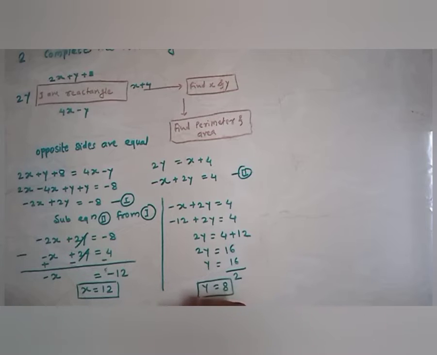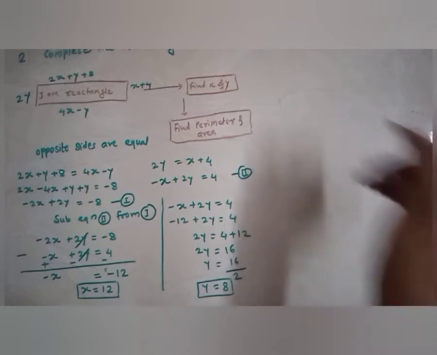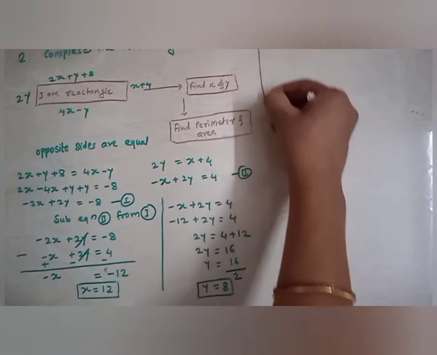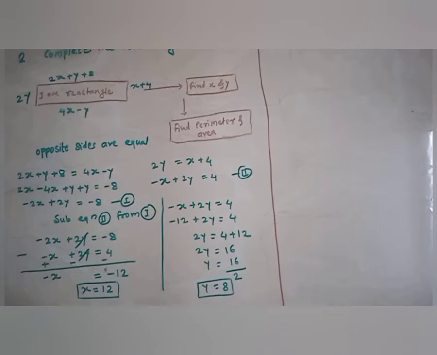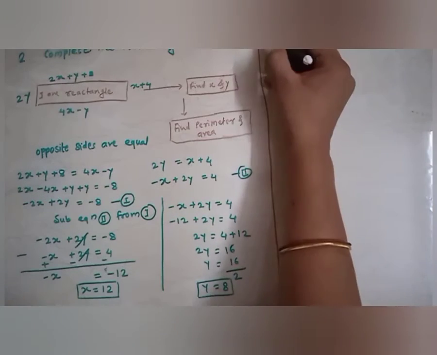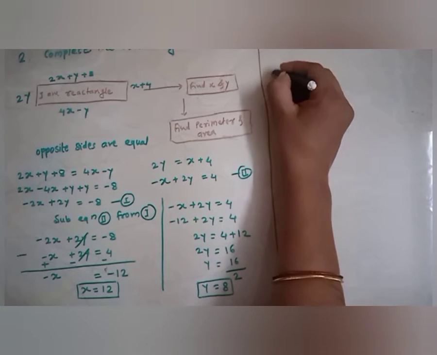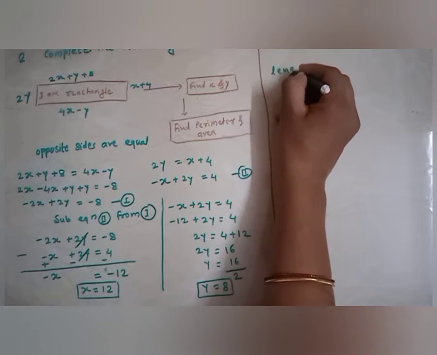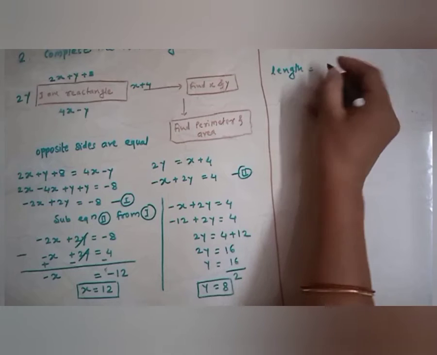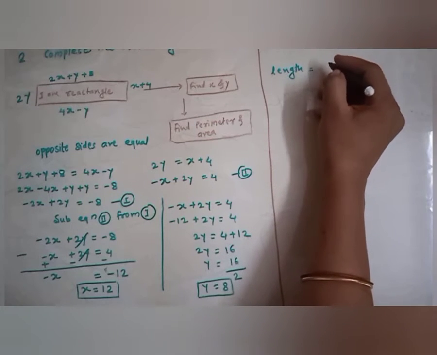Then we get the x and y values, but here we have to find the perimeter and area also. To find perimeter and area, we have to know first the length and breadth of the rectangle. So first we find the length of the rectangle. Write down the equation.